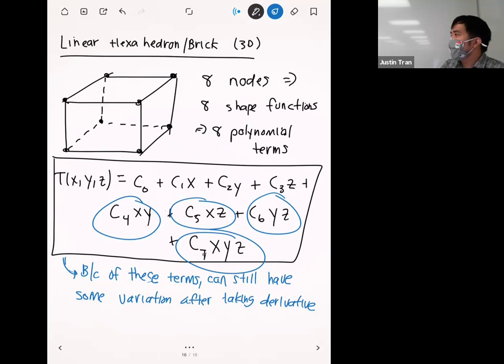But honestly, if I had to choose between a linear hexahedron and a quadratic tet, I'm going to go with the quadratic tet most of the time, because the tetrahedron also has some nice properties, and then you never have to worry about shear locking in that case. In most cases, I don't think you would use linear hexes versus a quadratic hex or a quadratic tetrahedron.